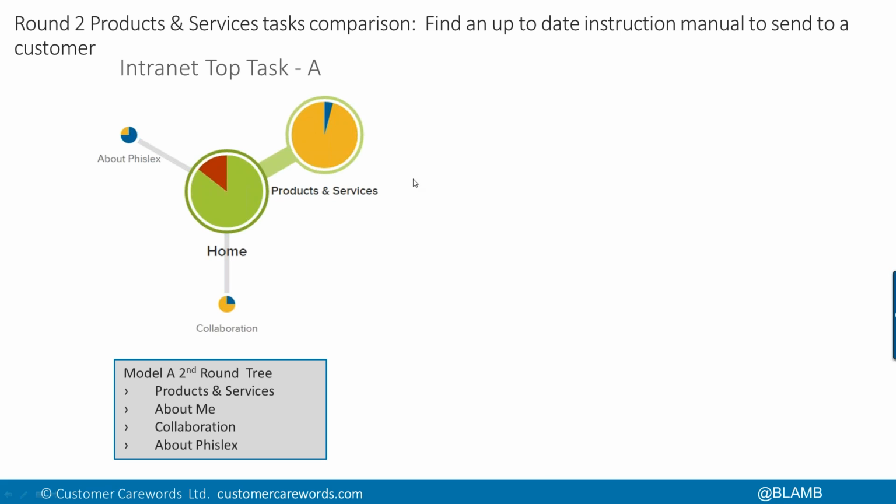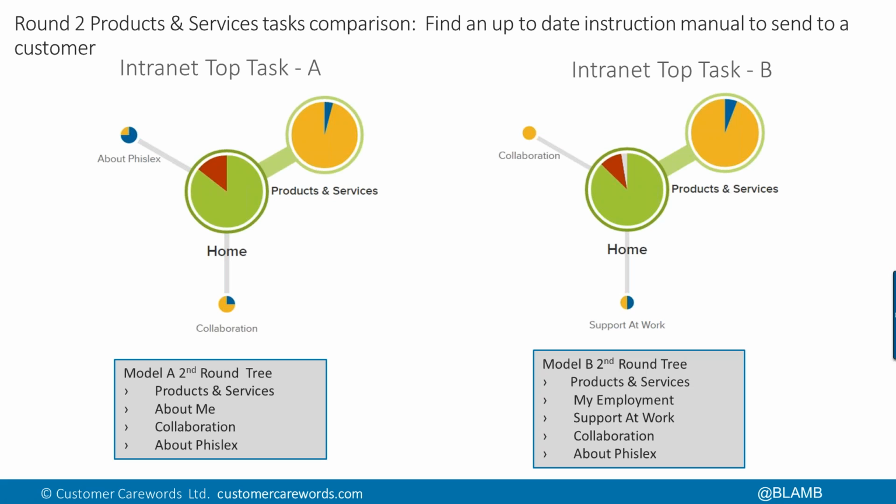Model A performing much as it did before in the first round. Model B, we can see this is the significant one. Products and services nice and strong, but look, we've eliminated the magnet. Support at work is no longer the dirty magnet, doesn't draw votes away.